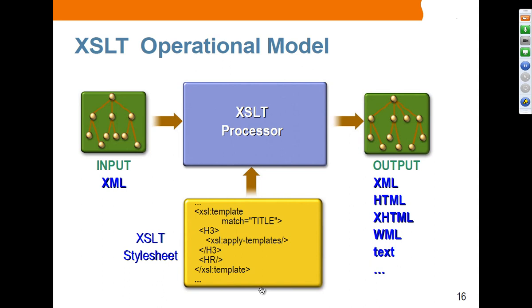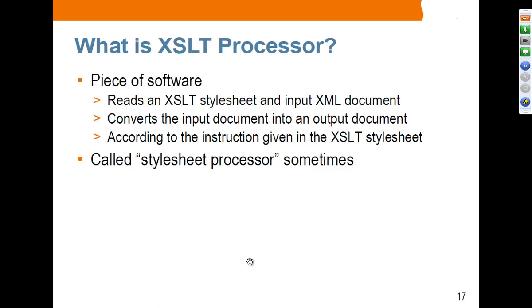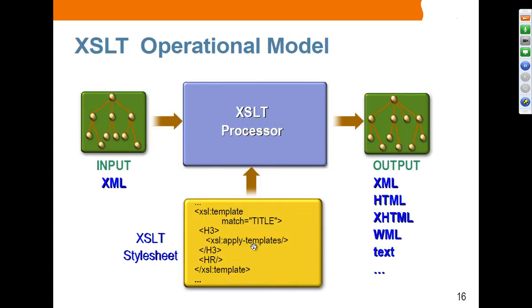This XSLT style sheet provides instruction for the XSLT processor regarding how to transform this input document to this output document. Okay, so the input document is always XML, and the output document could be XML, HTML, XHTML, WML, text, and things like that. So the key point is the XSLT processor receives the original document along with the XSLT style sheet. Again, it provides instruction on how to transform, and this is what we are going to learn. We are basically learning the language of the XSLT style sheet. So what is an XSLT processor? We are talking about this guy.